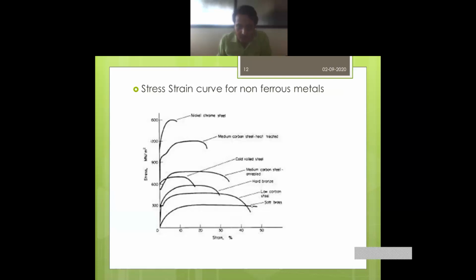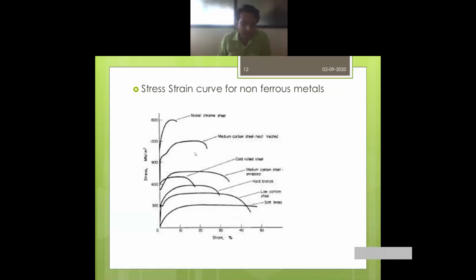For low carbon steel, the ultimate load point is around 350. For hard bronze, it is around 550. For medium carbon steel, it is around 700. For cold rolled steel, it is around 650. See here, according to this graph, I am just explaining.